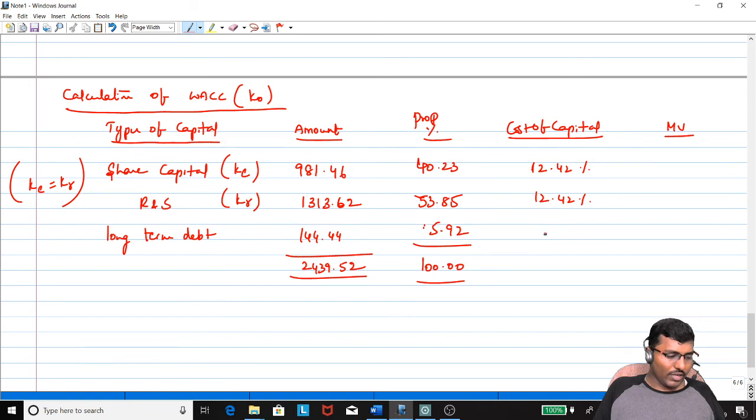We'll presume that it is reduced by taxes, because otherwise this kind of number you will not be having. 6.53%, correct? So we'll presume that this is after tax reduction. Okay, now let's go for the values.